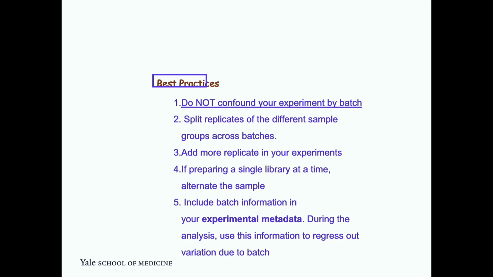If you have one set of experiments, don't do them in batches; rather, do everything together, because that will make it easier for you. And if you are doing it in batches, then split your replicates across batches. So don't do all replicates of one sample today and all replicates of the other sample in another batch. Rather, split the sample replicates across different batches.